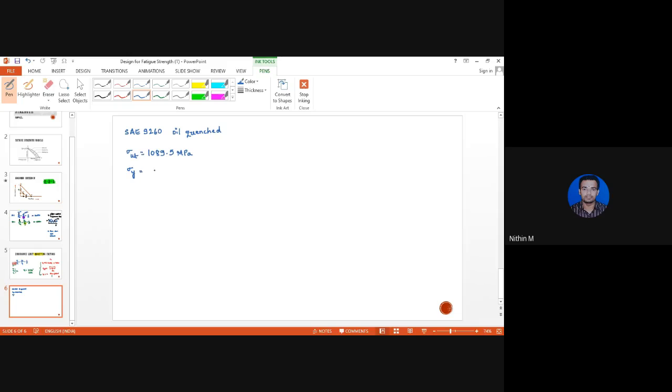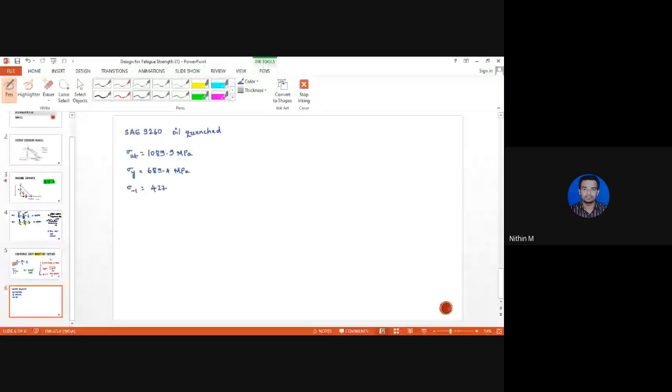The yield strength of it is 689.4 MPa. Its endurance limit is 427.6 MPa.